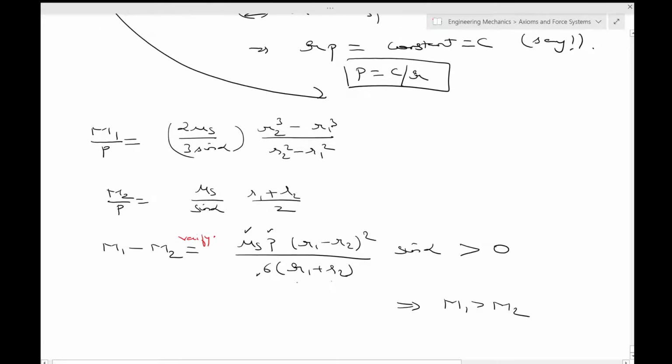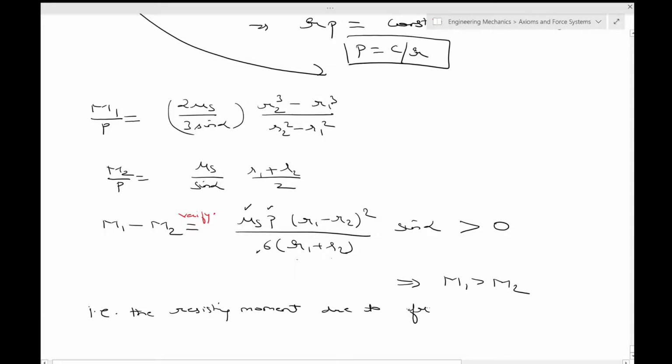This means the resisting moment due to friction decreases when the bearing is worn out. For M2 it is lesser.